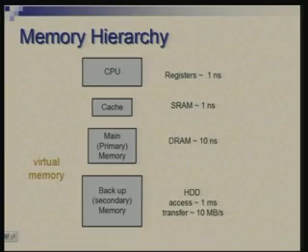Coming back to this picture where three levels of memory are shown, namely cache, primary memory or main memory, and backup memory. We have discussed the interface between CPU, cache and main memory, how the CPU tries to access cache, which in turn may update itself from main memory.